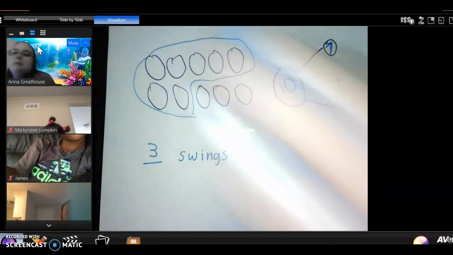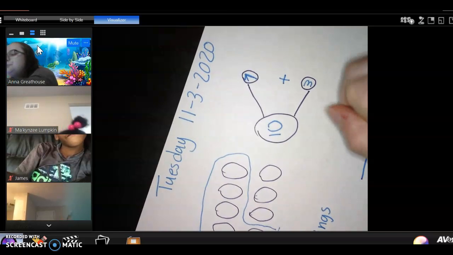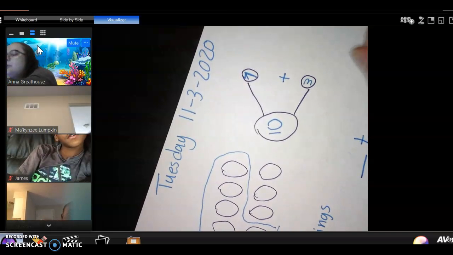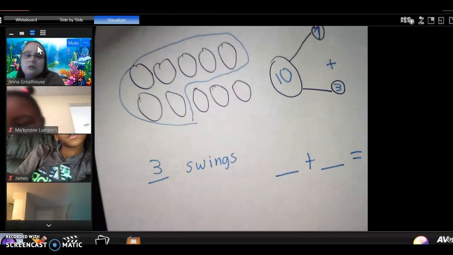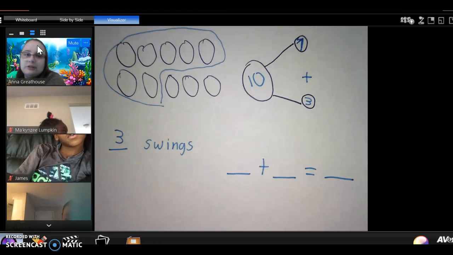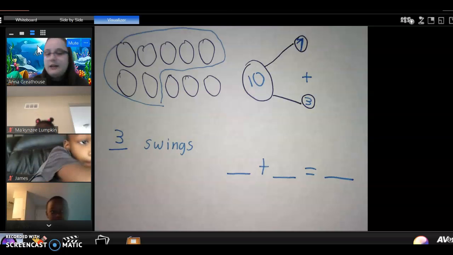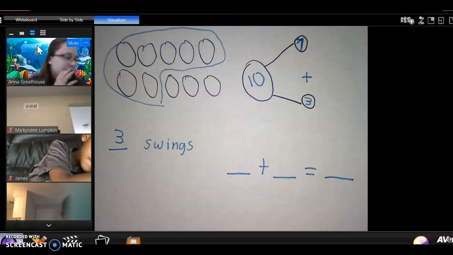So friends, I want you to try to write your number sentence, and I'll give you the format. So there's our little number sentence template, and I want you guys to try and write our number sentence.